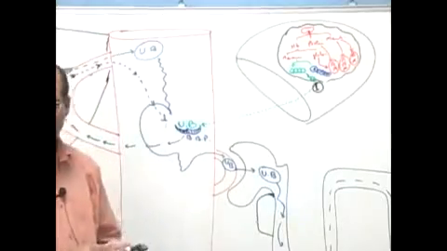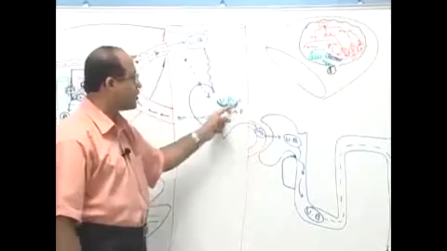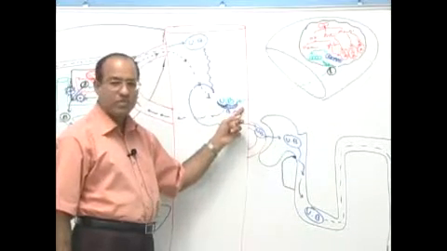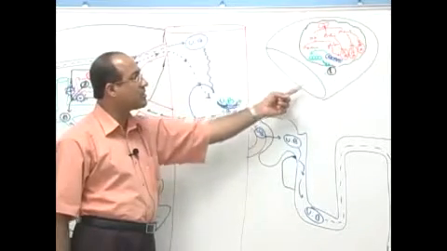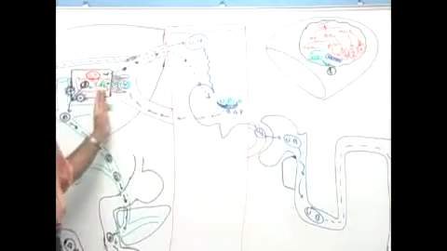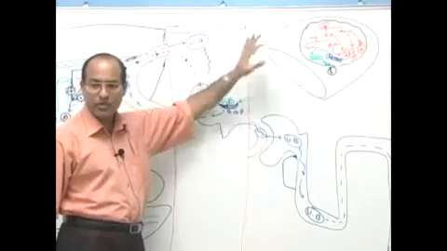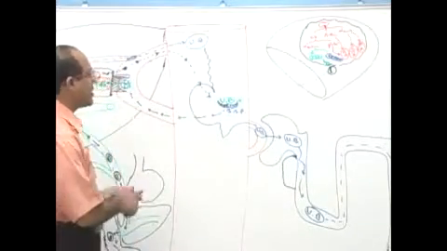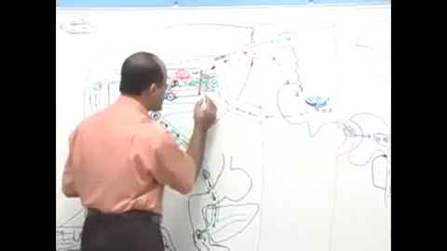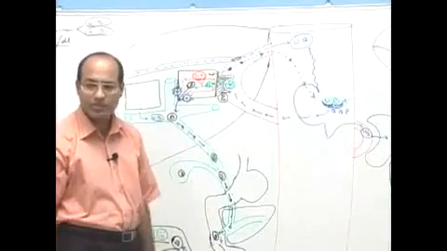If, due to any reason, your body starts producing an excessive amount of unconjugated bilirubin, it's quite possible that it is released at such a rapid rate that the liver cannot handle it well, and then unconjugated bilirubin starts damming up in the blood. This is one mechanism. The second mechanism is that bilirubin production is normal, but there is interference or a problem in bilirubin uptake. Mechanism number 2.